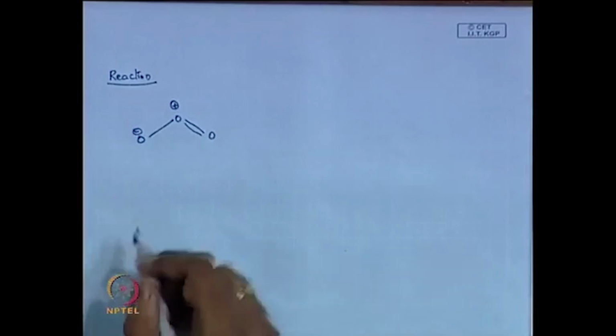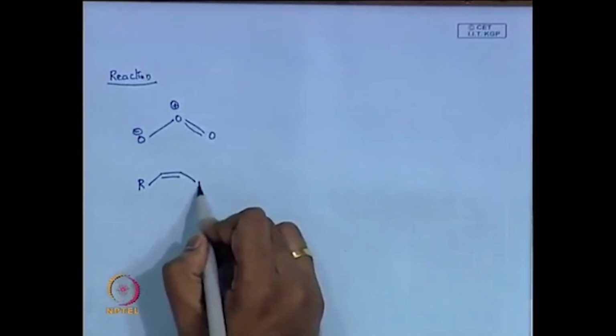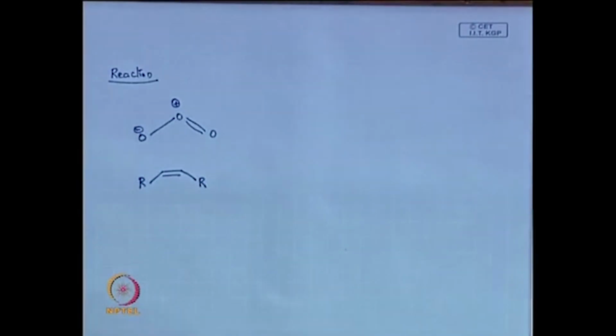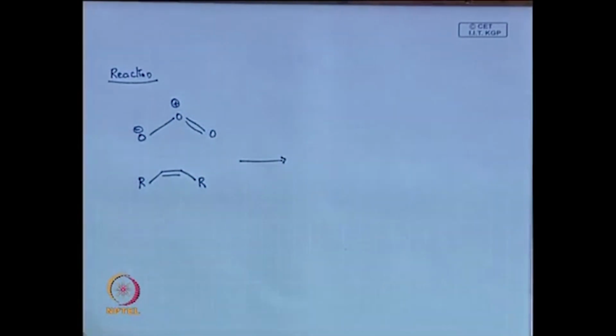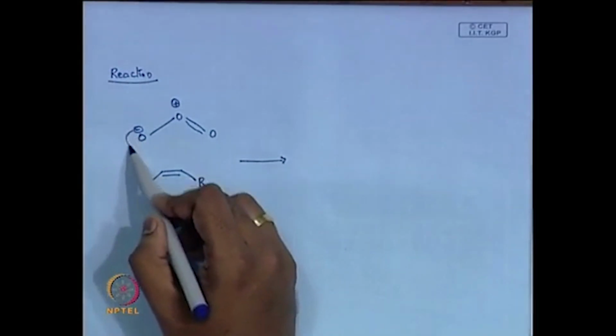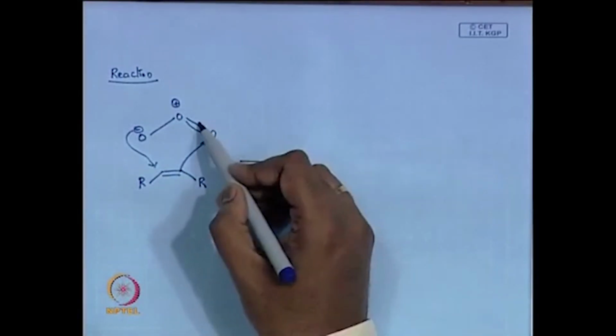So, you have this alkene, right. So, what will your first step be? Your first step will be O minus, and then you attack here.